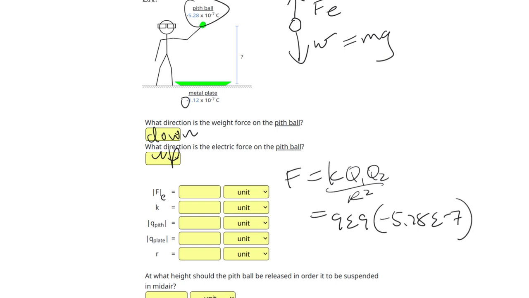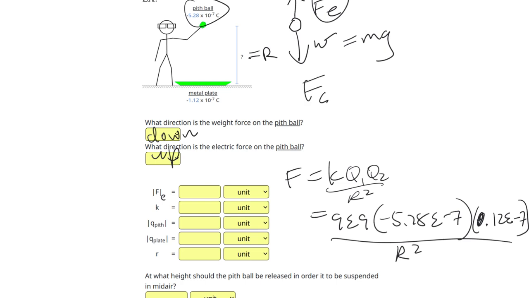The charged plate is, can't read it, negative 1.12, but I don't put the negative, e to the negative 7, over the radius, the distance, that's what I'm looking for. That's the distance between them. So the electrical force has to equal the weight if it's stationary.